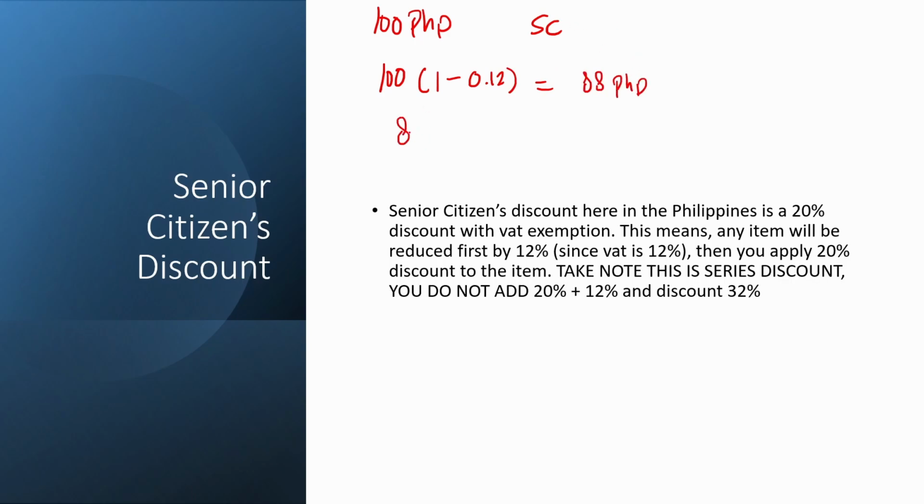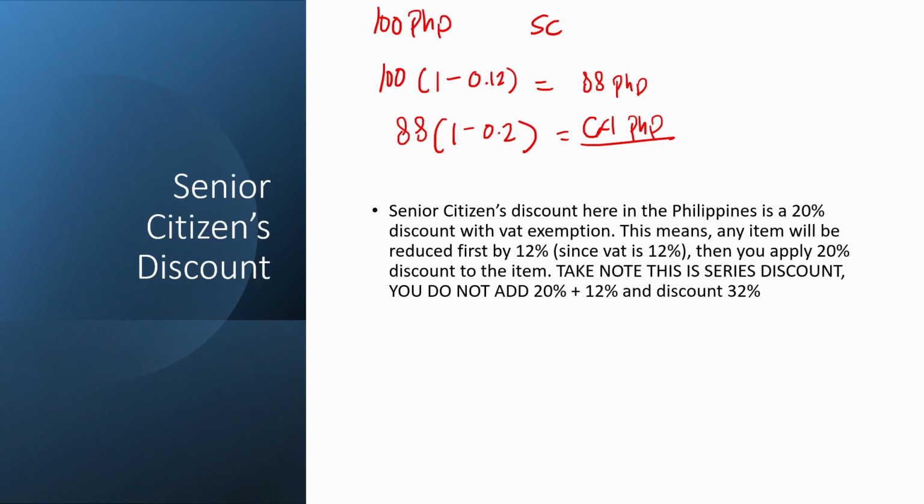Then you're going to apply the senior citizens discount, which is 20%. So that's 70.4 pesos.